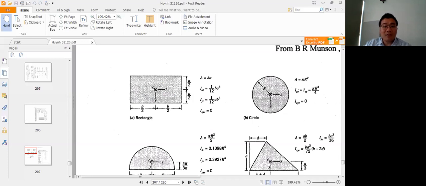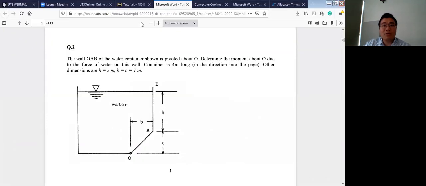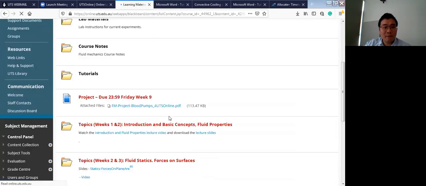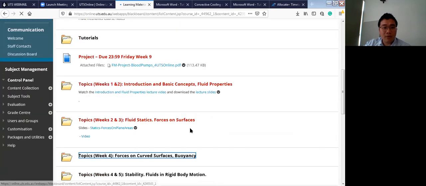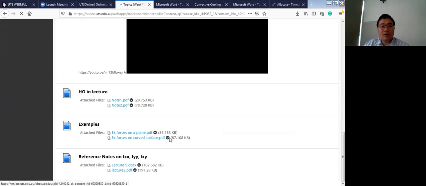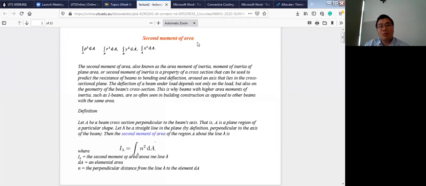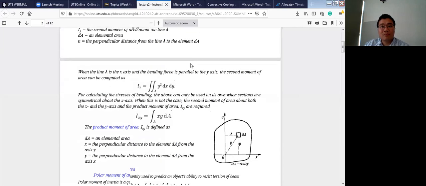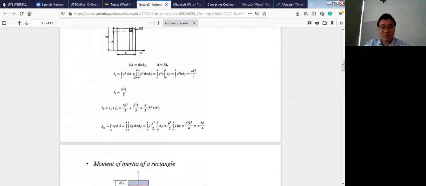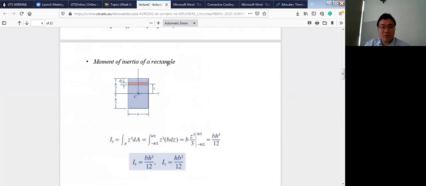And as I said yesterday, if you want to know why you have this equation, you can go to this document, week 4, on the second moment of area. How to derive the equation you have in the course note: for example, here it's for the rectangle, and deriving the equation is a long story. It's not easy.